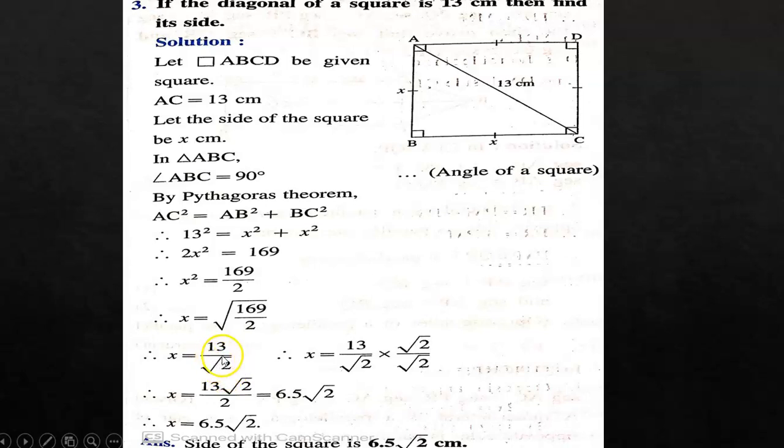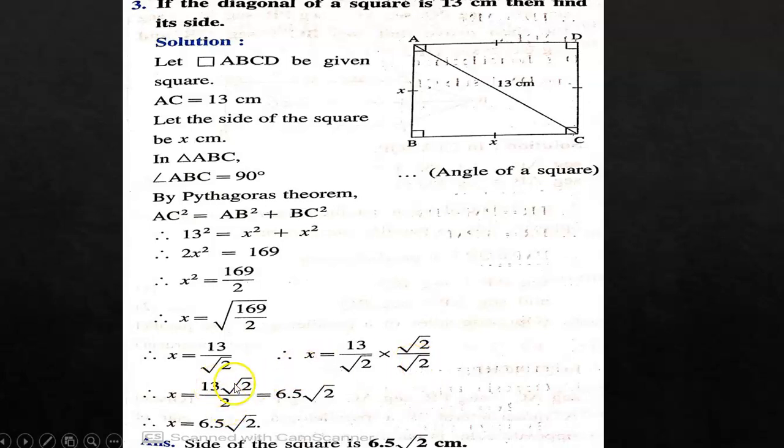Now I don't want the square root in the denominator. I want to eliminate the square root. So what do I do? I multiply both numerator and denominator by root 2. So I get 13 upon root 2 multiplied by root 2 upon root 2. This root 2 multiplied by root 2 gives me 2.